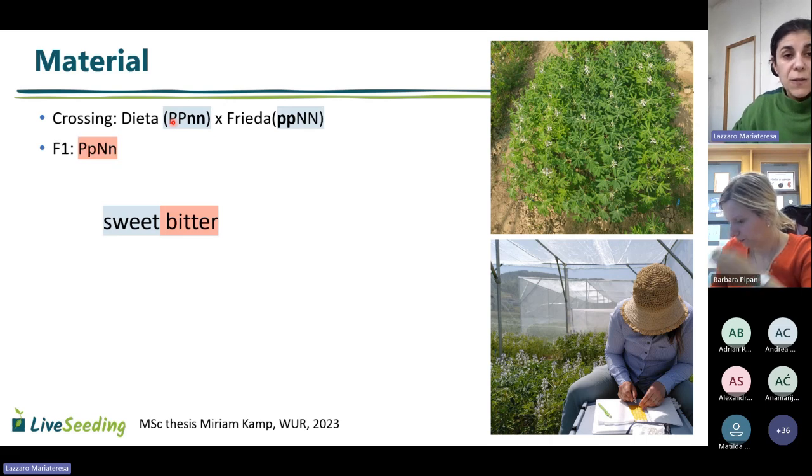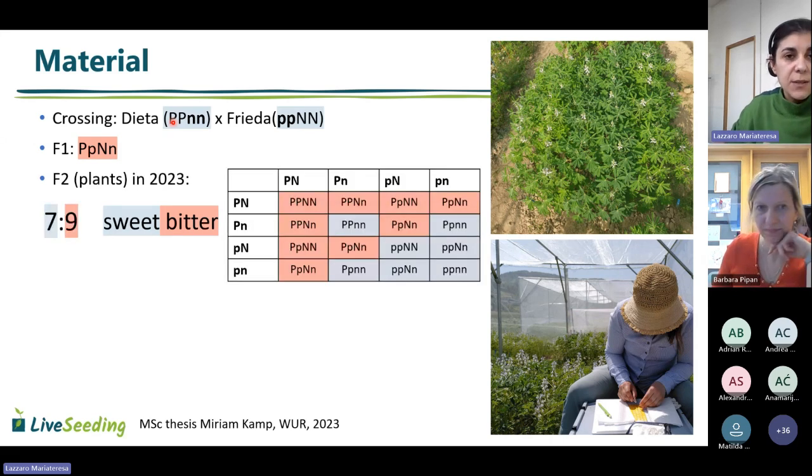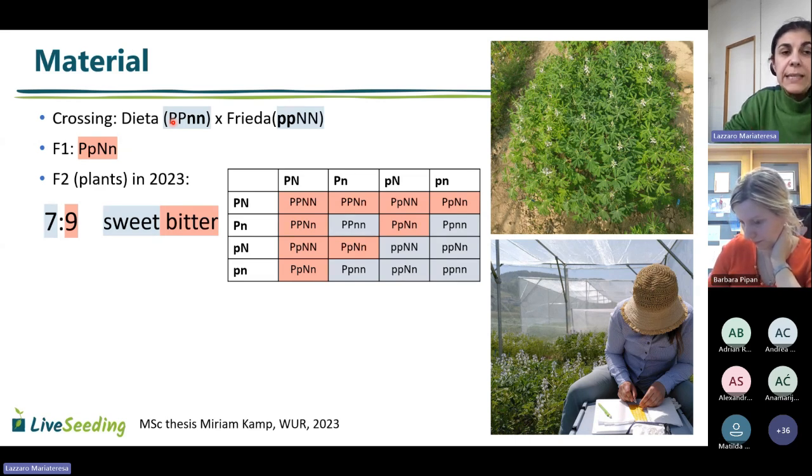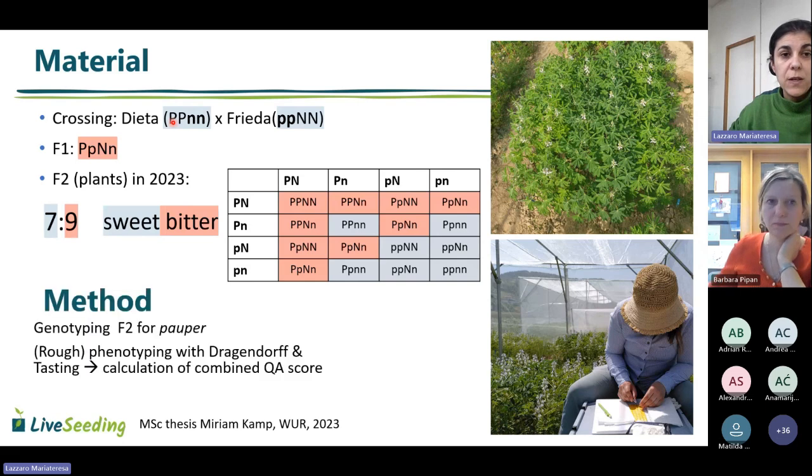We had a crossing, the F1, which of course was bitter, and then in 2023 we had a segregating F2 population, which, as hypothesized, had a segregation of sweet to bitter of 7 to 9, so we could hypothesize that there would be a second determinant beside pauper acting on the level of alkaloids in this population.